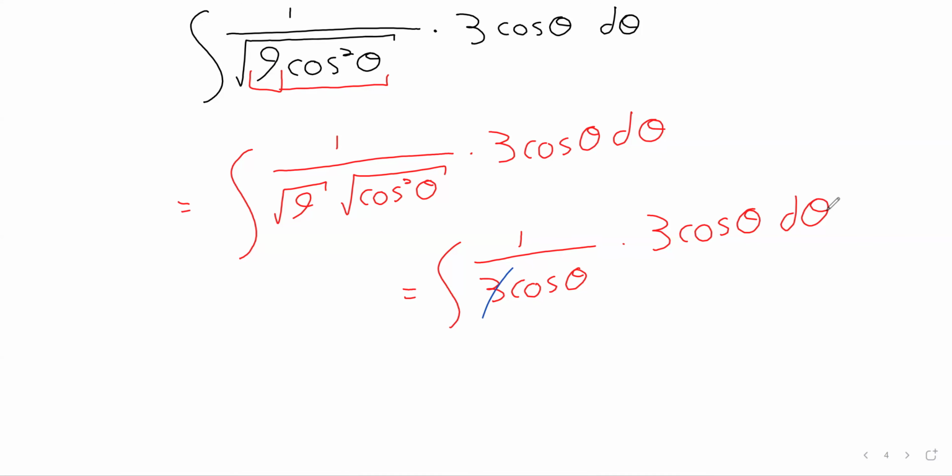That 3 cancels. That cosine cancels. We get 1 d theta. And 1 we can integrate. And because of that d theta, our variable is not x anymore. Our variable is theta, and the integral of 1 is theta.